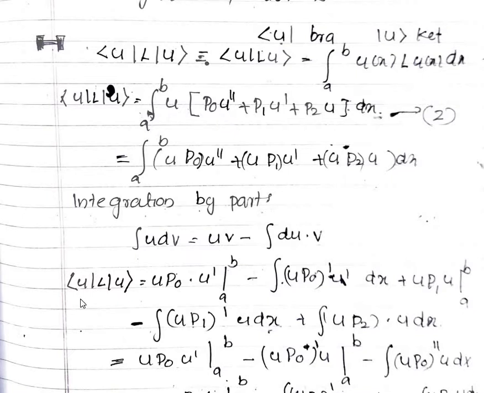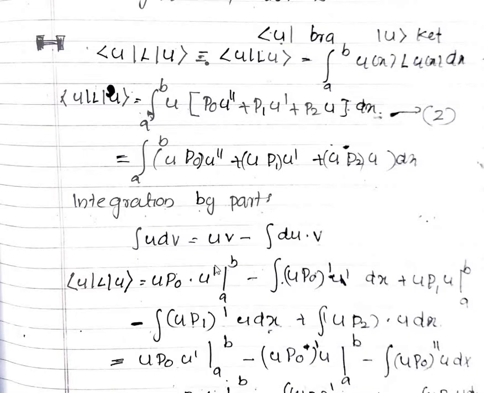When we integrate this equation, be careful, as there is a chance of mistakes. So <u|L|u> is equal to u P0, the first function, into the integral of the second function.